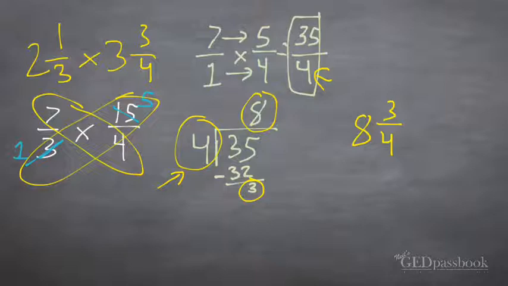And then obviously, same thing that we've been doing. Make sure your improper fraction is not improper. You convert it to a mixed number. Make sure it's as simplified as it gets. This was multiplication.